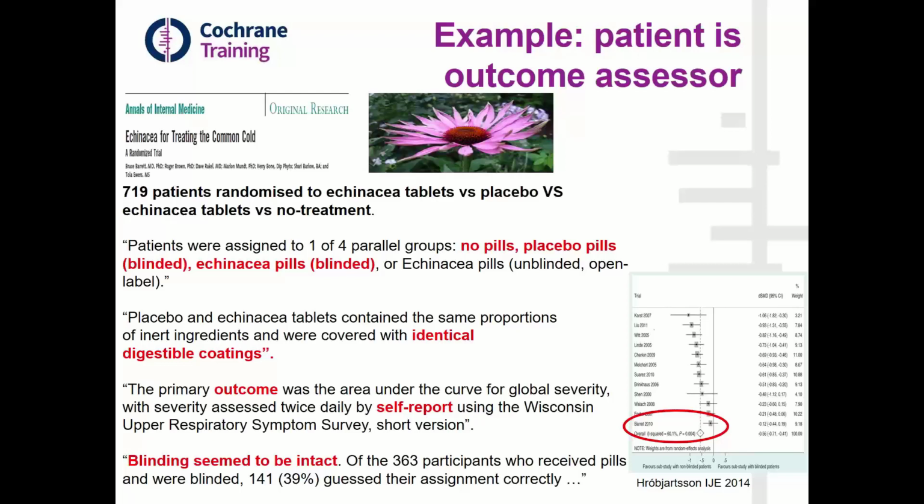And you can see that the result of comparing directly the blinded and the unblinded effect estimate was a standardized mean difference of roughly 0.12, and we identified a number of such studies published in 2014. So the blinding of the patient when the patient is the outcome assessor seems to be quite important.